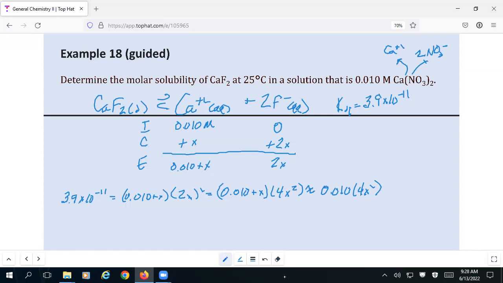And if we do that, 3.9 times 10 to the negative 11th divided by 0.01 divided by 4, we will get 9.75, so 9.8 times 10 to the negative 10th as x squared. If we take the square root of that, 3.1 times 10 to the negative 5th molar as x, which would be the molar solubility.